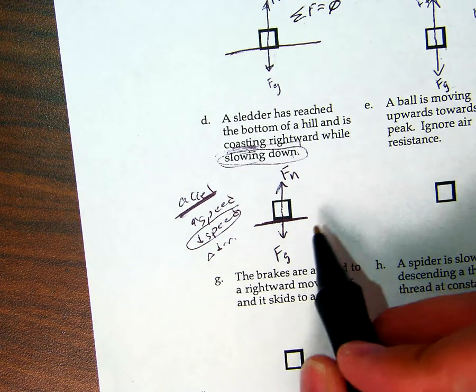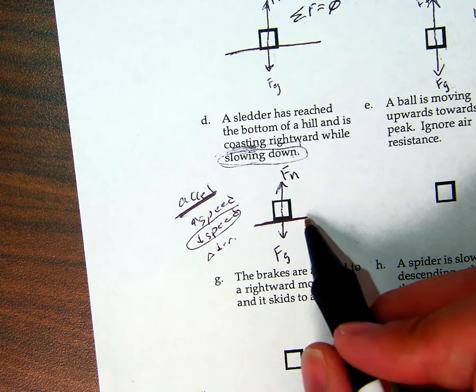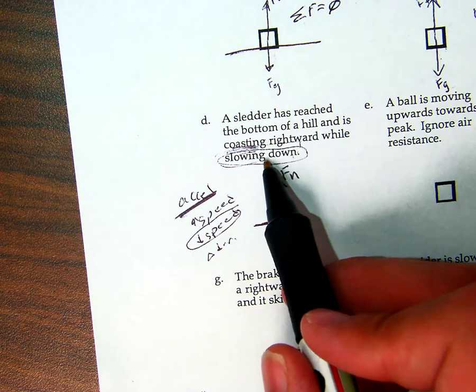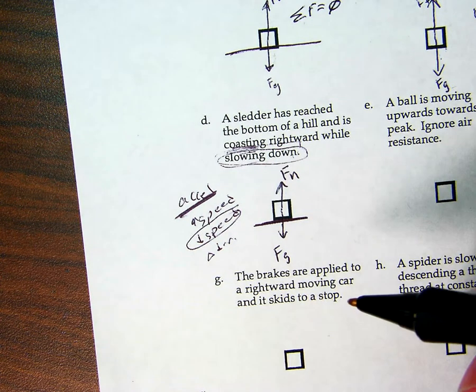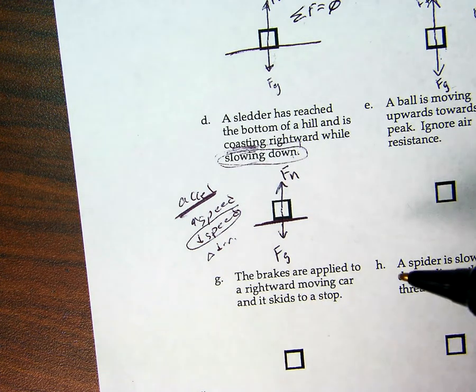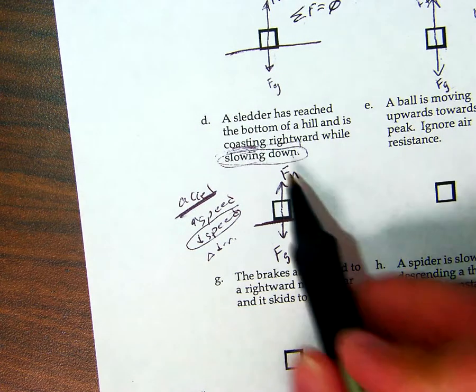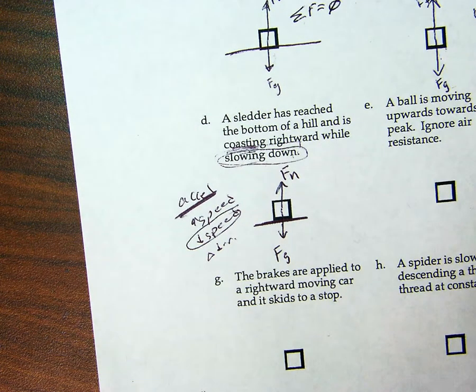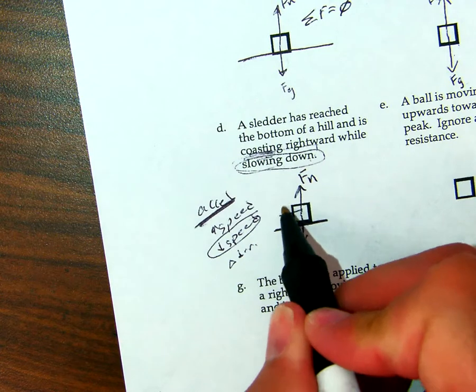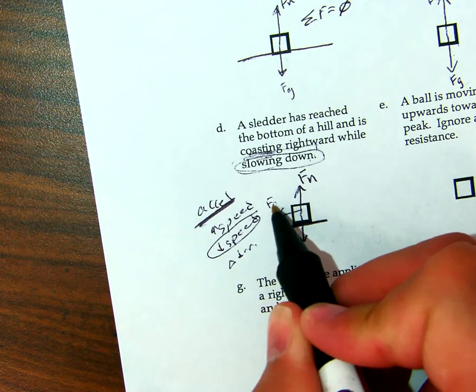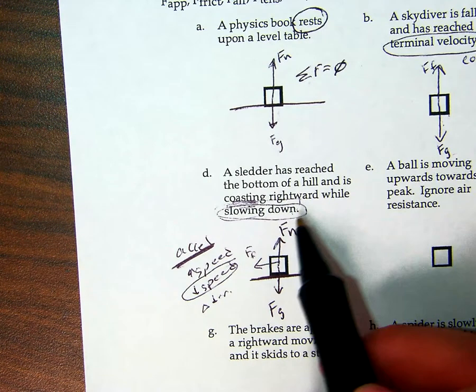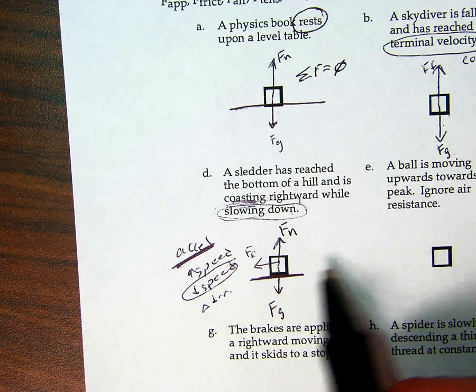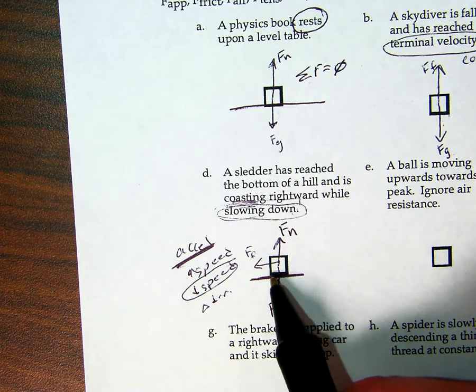It's moving without having a force applied to it. Now it's slowing down. What causes all objects to slow down and eventually stop is the force of friction. So we know that it's moving to the right, and what opposes all motion is the force of friction. So we have some frictional force that opposes motion. We know it's moving to the right. It opposes motion, so it would be going to the left.